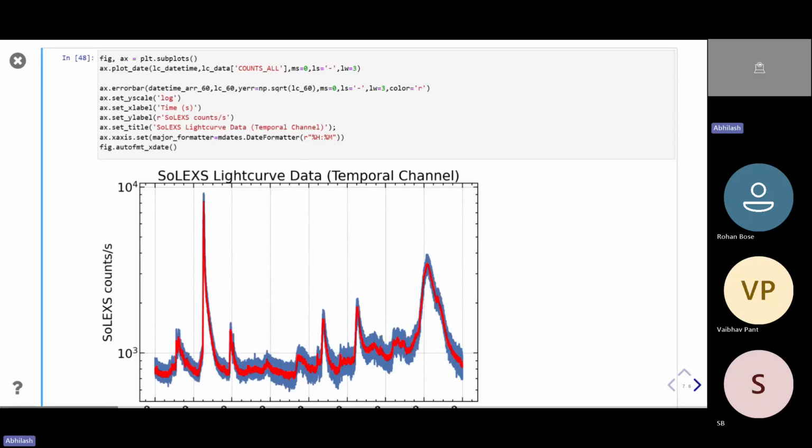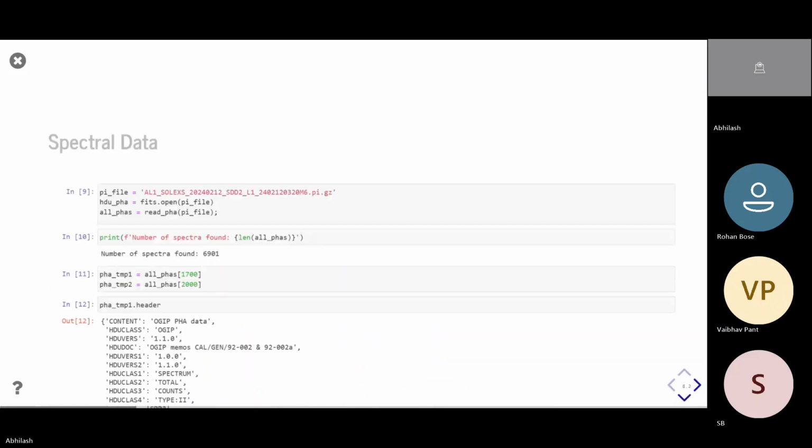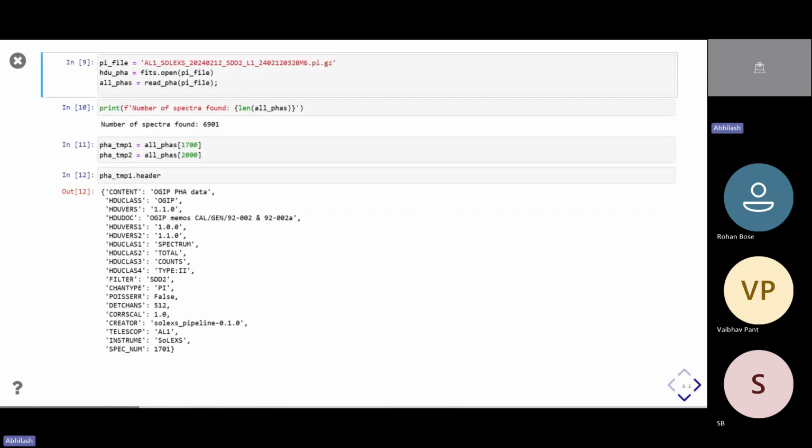What is a spectrum? So this is one spectral data, some subset of it. What you will get is the L1 SoLEXS year, month, date, SDD2, L1 .pi.gz. It will have a spectrum at 1 second cadence, so 86,400 spectrum files.